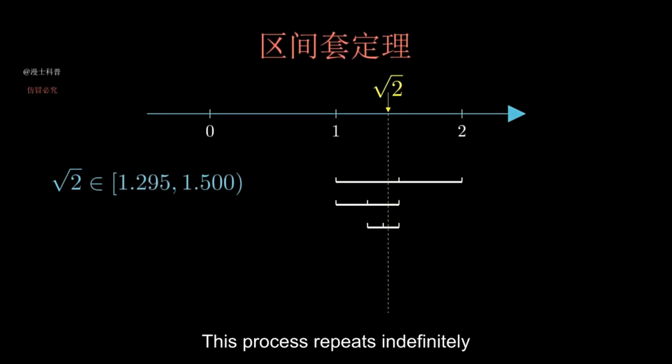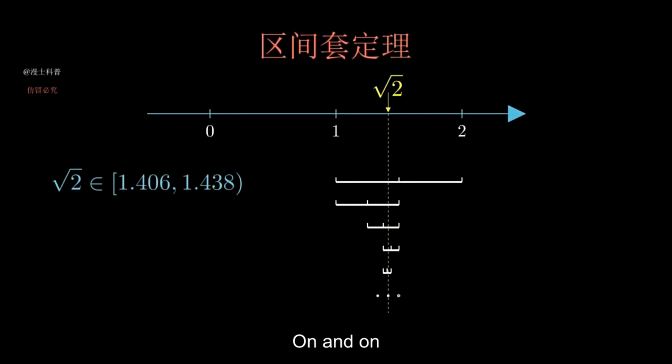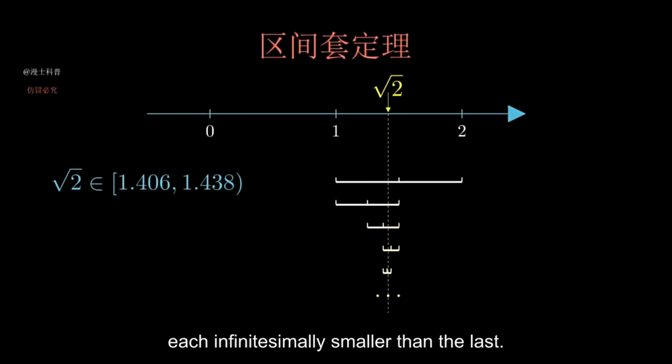This process repeats indefinitely, inching closer each time, shrinking the interval containing the square root of 2 to an increasingly minute span. On and on, until the length of the interval approaches 0, yielding an infinite, descending sequence, layers upon layers of nested intervals, each infinitesimally smaller than the last.